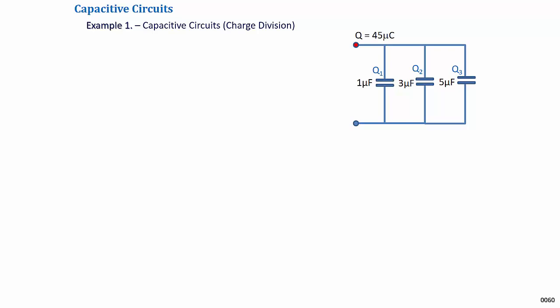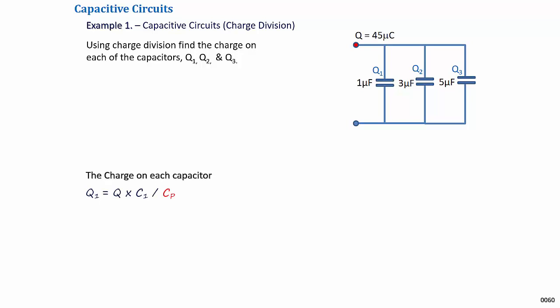The following example is in the accompanying workbook, Capacitive Circuits, Charge Division. Here we are required to determine the charge on each branch capacitor using charge division.